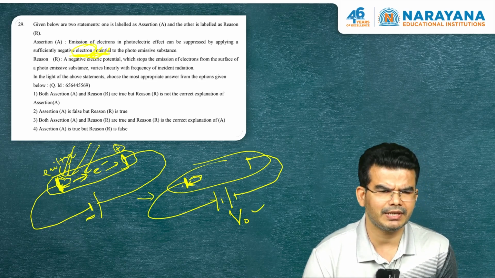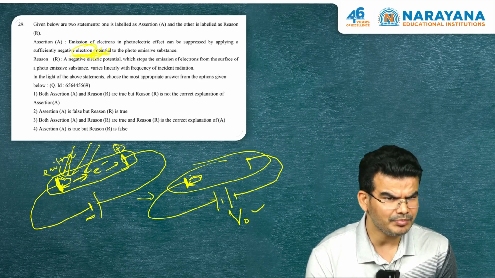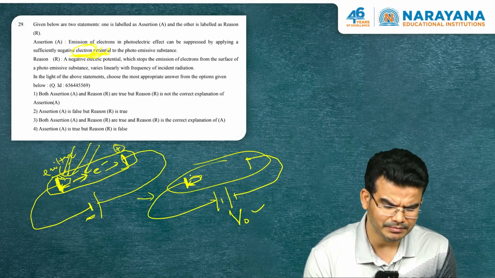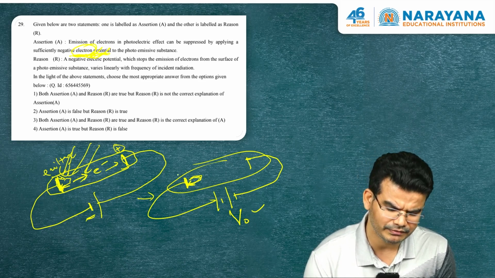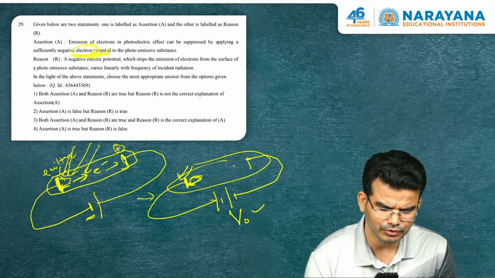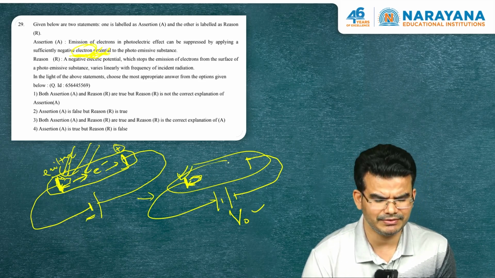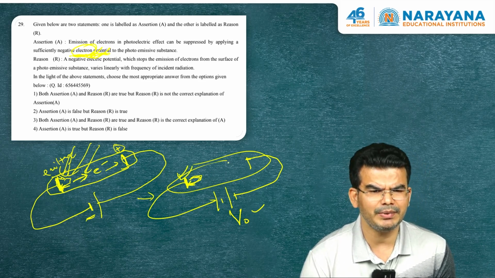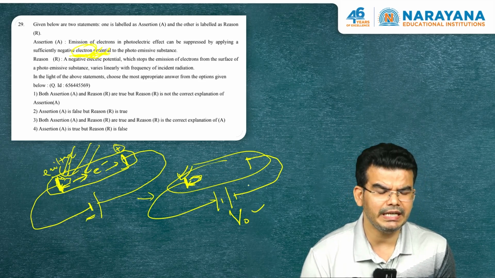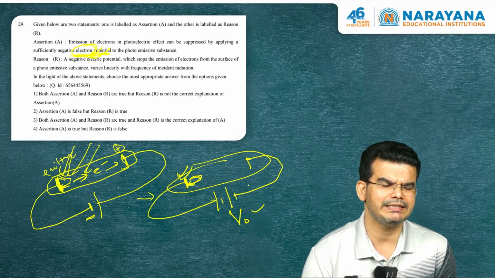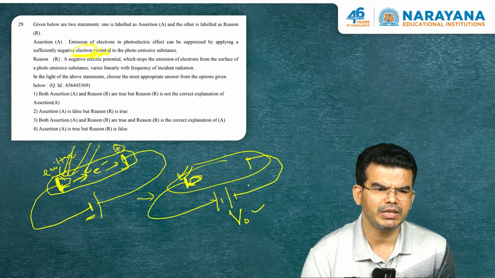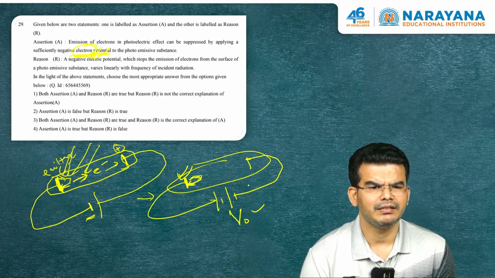JEE Advanced has also asked this. So, at stopping potential, although the electron is emitted, it is reabsorbed by the emitter itself, and that is why the photocurrent ceases to 0, that is what we are calling. And at this time what is happening? At stopping potential, the electron having maximum kinetic energy is also unable to reach the collector.